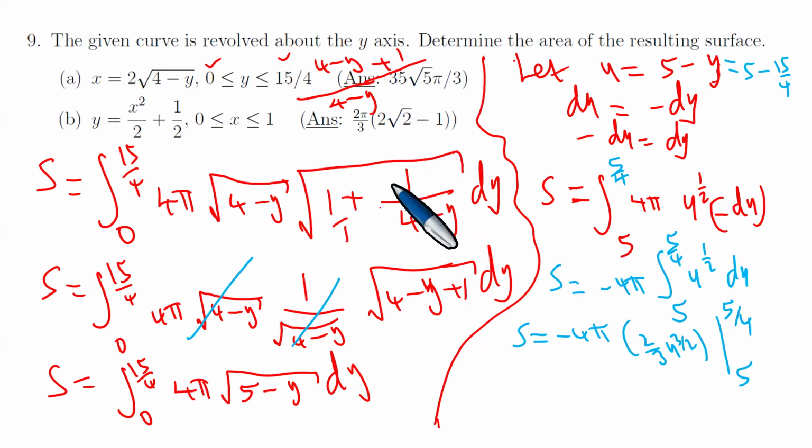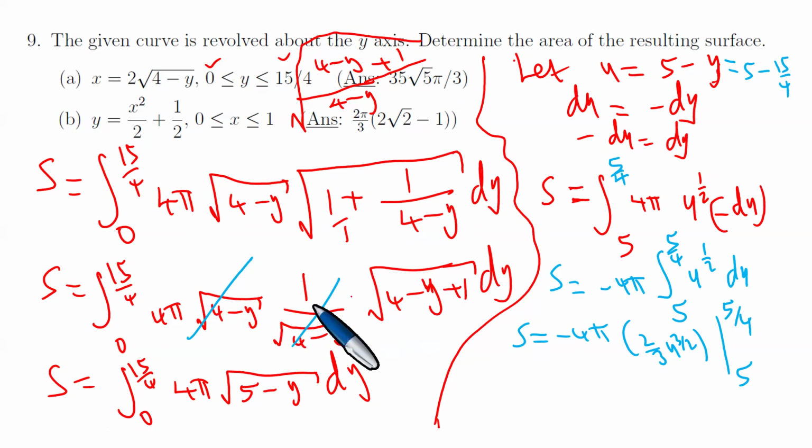That would be a way of dealing with this. And then you take the square root of this. When you take the square root of this, you'd have the square root of the 4 minus y in the denominator. Then you have the square root of 4 minus y plus 1.